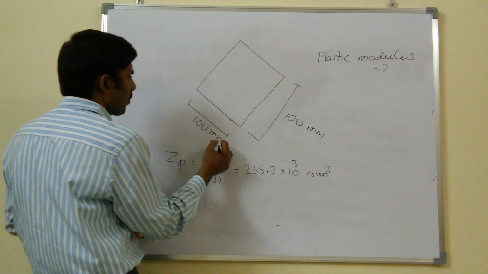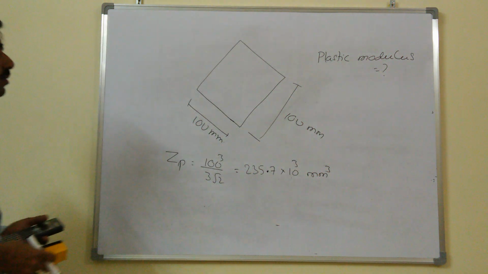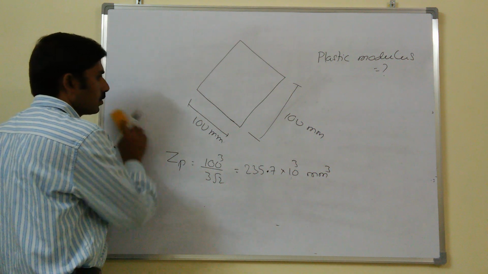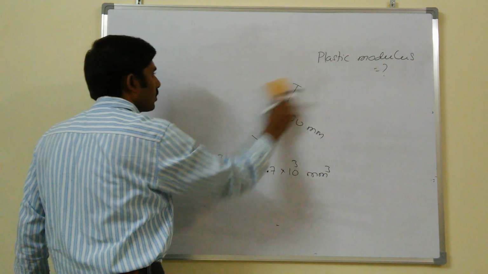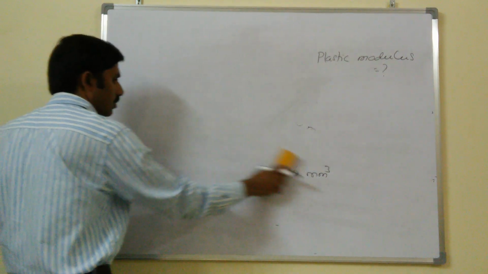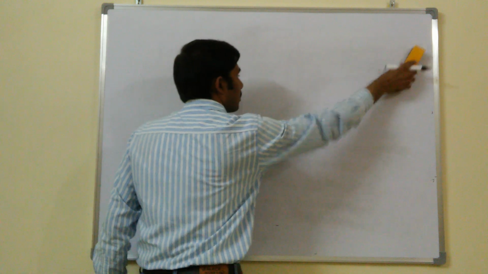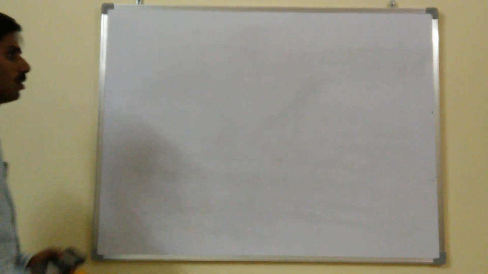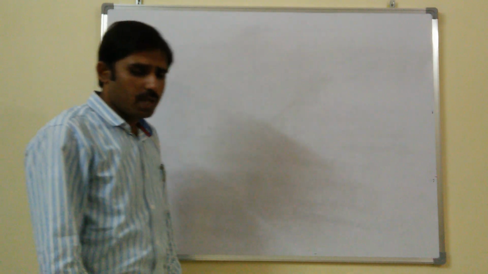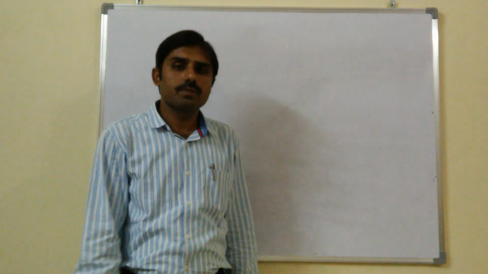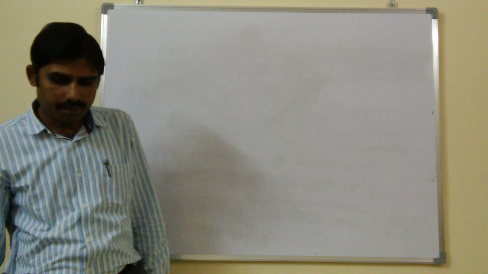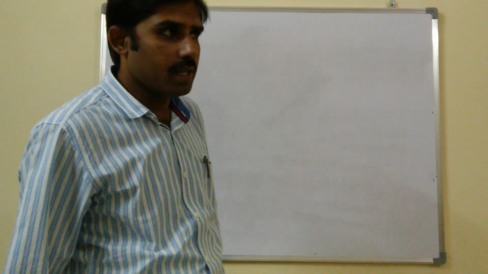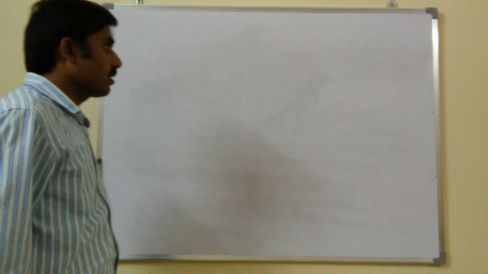This is in mm. So like that you can find the plastic modulus for a diamond section. So now you can find the plastic modulus for any section: rectangle, circle, T section, I section, symmetrical as well as unsymmetrical I sections, diamond section, triangular section, all these things.